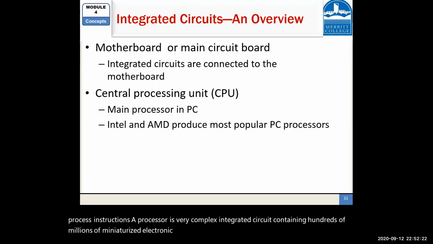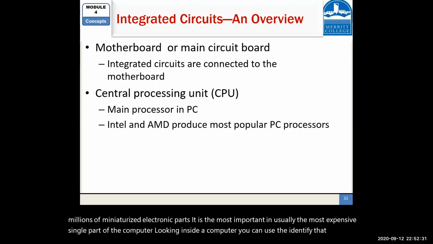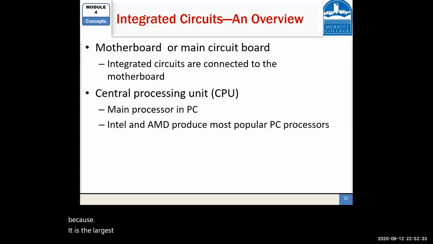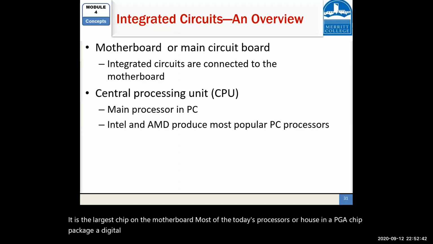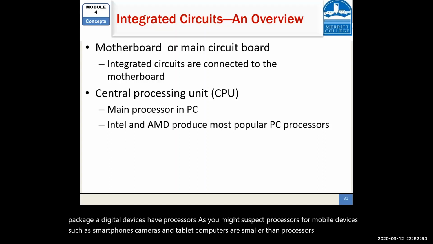It is the most important and usually the most expensive single part of the computer. Looking inside a computer, you can usually identify the processor because it is the largest chip on the motherboard. Most of today's processors are housed in a PGA chip package. Digital devices have processors, as you might suspect. Processors for mobile devices such as smartphones, cameras, and tablet computers are smaller than processors in a desktop computer.